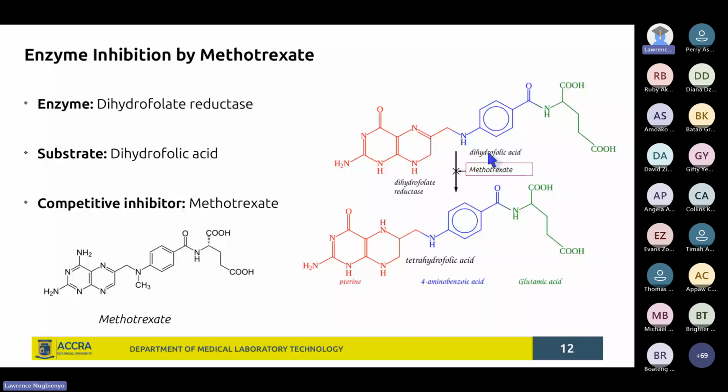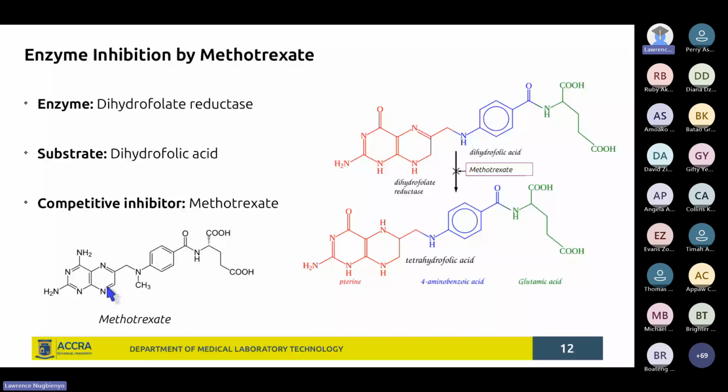I mean, the differences you see are the positions of double bonds. For instance, if you look at the first ring, you have three double bonds here, and here you have only two. And if you look at the second ring, the same thing. It's not the same molecule, but when you pay attention to it, you realize they are very much different.